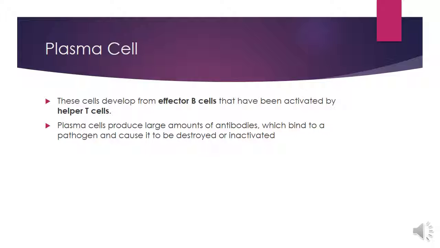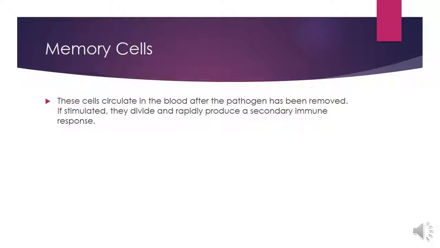Plasma cells will produce large amounts of antibodies, which bind to the pathogen and cause it to be destroyed or inactivated. And then your memory cells, they circulate in the blood, and if they're stimulated by a matching antigen, a kind of lock and key system that the body loves to use for a variety of things to make sure it's correct, they will divide and rapidly produce a secondary immune response.